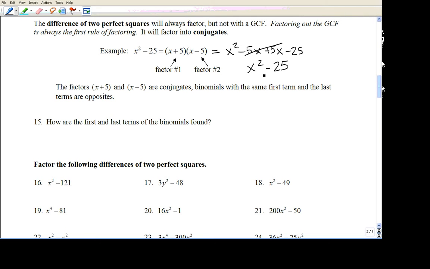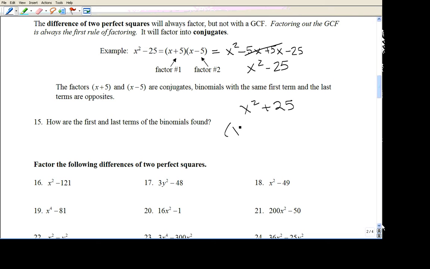That's why this only works for the difference of two perfect squares, because if we had x squared plus 25 and we wanted to factor that, well, the only factors of positive 25 would be positive 5 and positive 5, or negative 5 and negative 5.